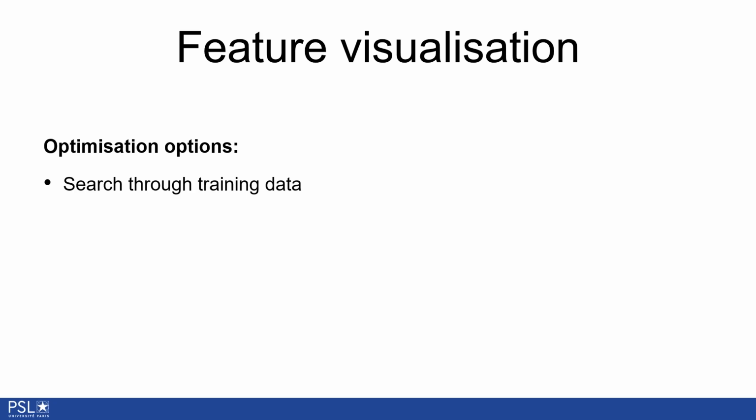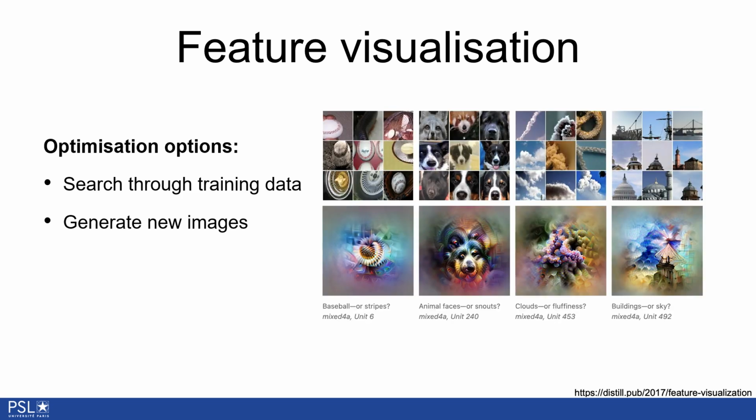An additional practical aspect is there are several options for optimizing the input image. One option is to search through the training data for images in the dataset that maximally activate a neuron or a channel. An alternative, which we already discussed, is to generate new images. The outcomes of the two approaches are illustrated here for a couple of example neurons.